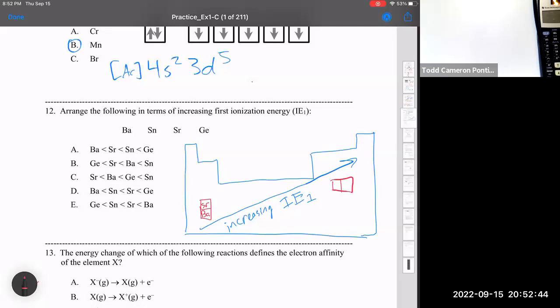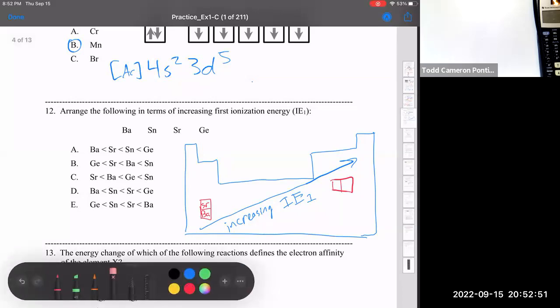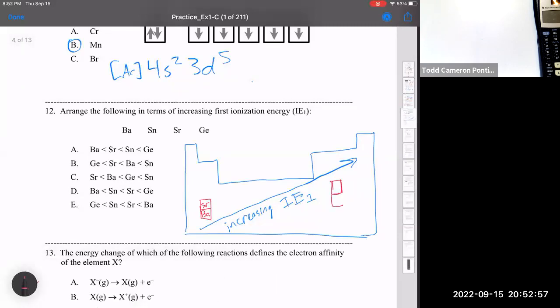So we've got germanium right here, and tin is right below it. So it's going to be barium has the lowest, then strontium, then tin, then germanium. Or choice A.